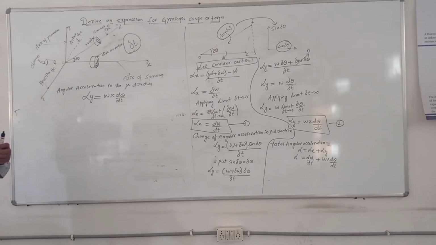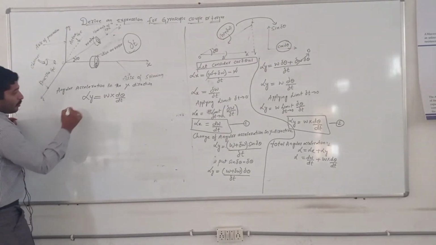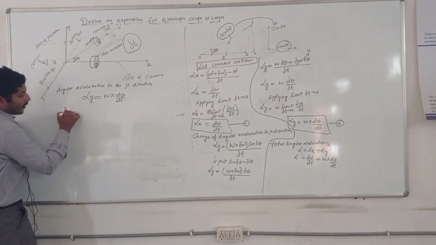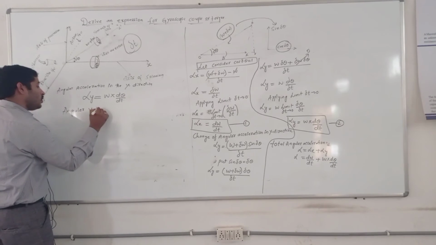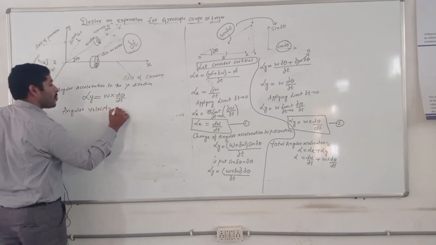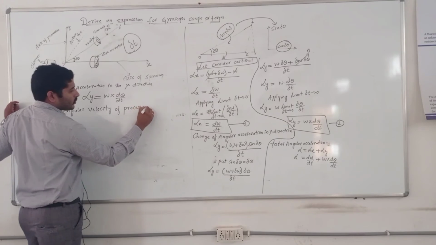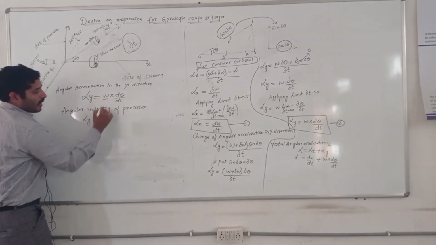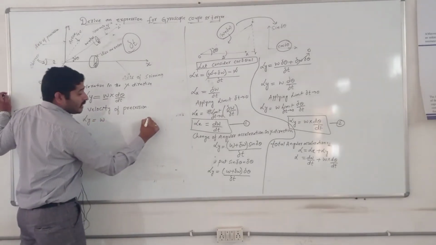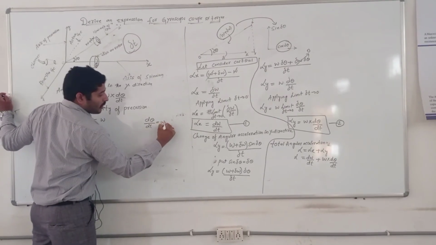In a vertical direction, from O to Y. Then we can represent the angular velocity of precession: alpha y is equal to omega, as it is, and d theta by dt is equal to omega p.